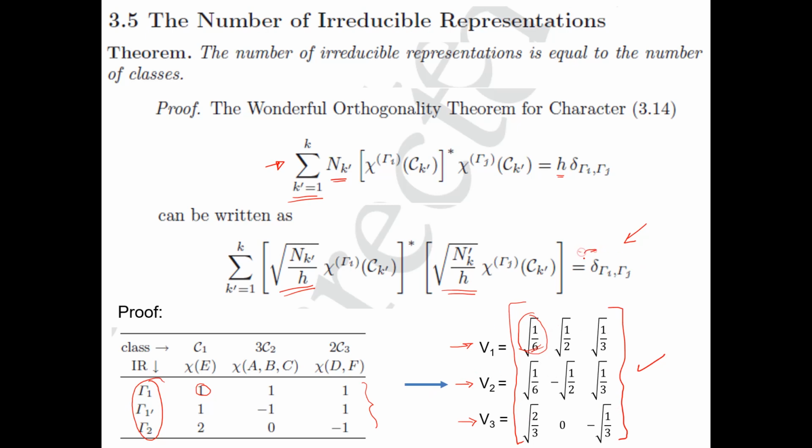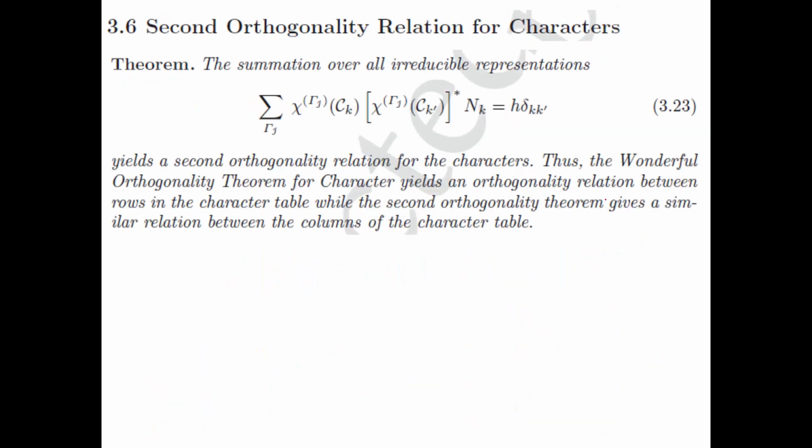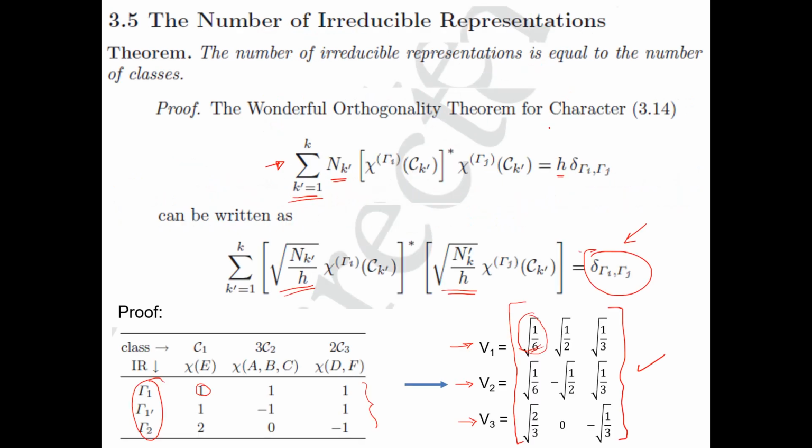There is a second orthogonality relation for characters that corresponds to an orthogonality relation between classes, which in this table is an orthogonality not between different rows, but between different columns.